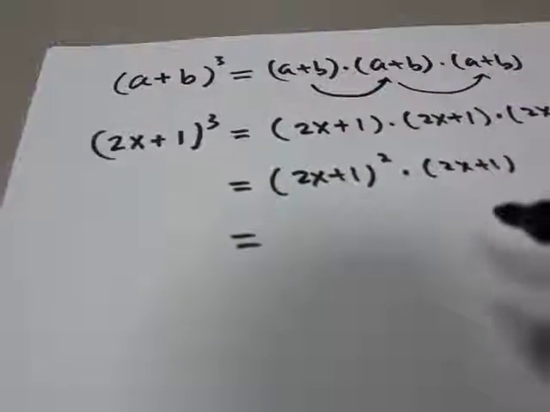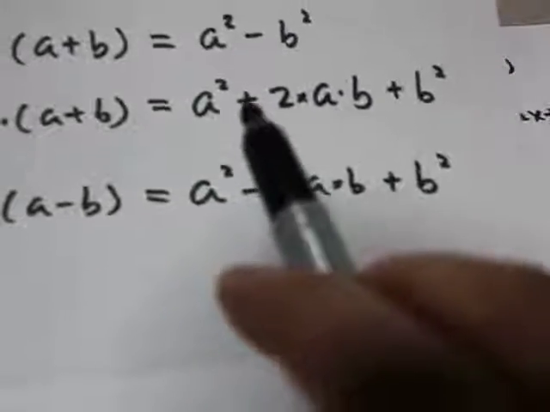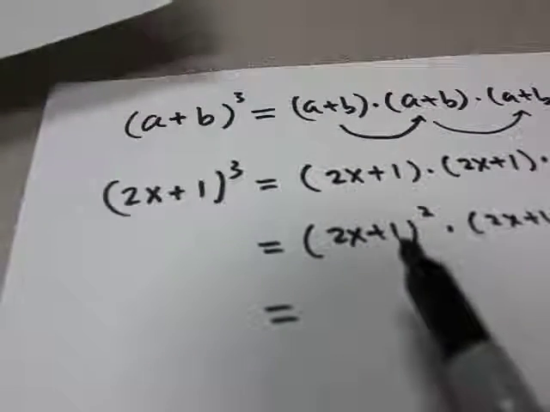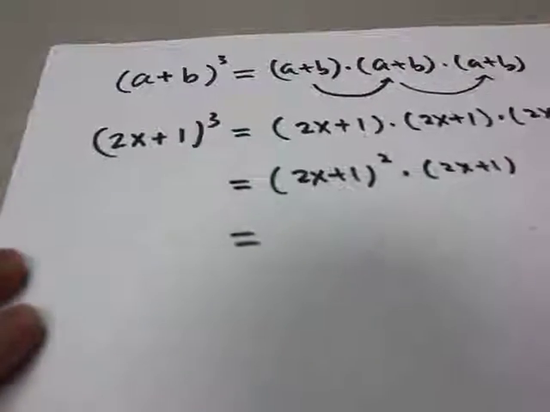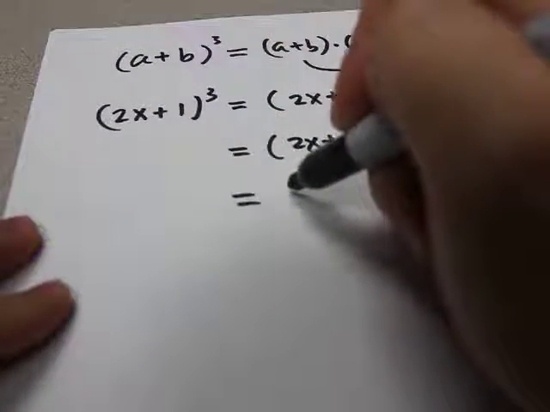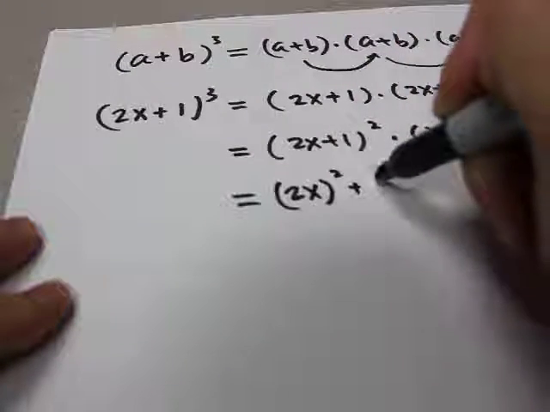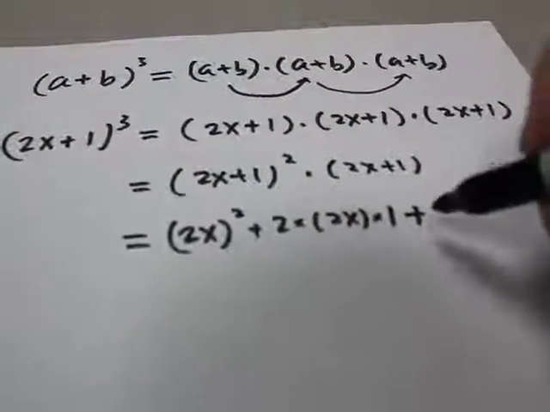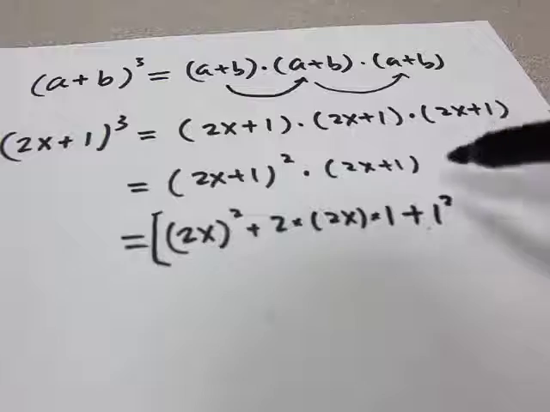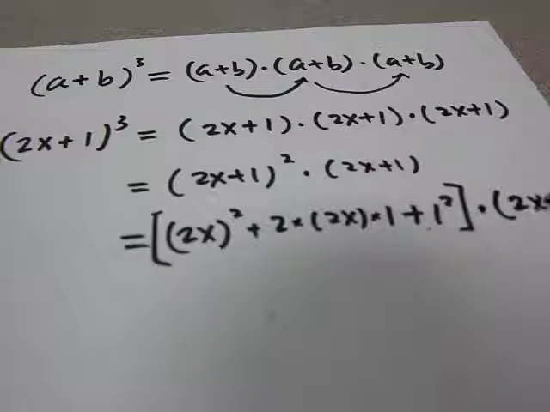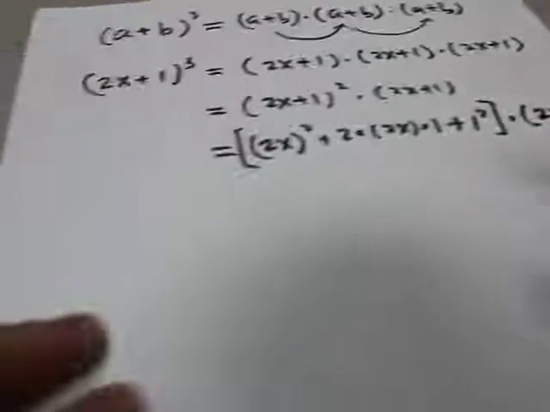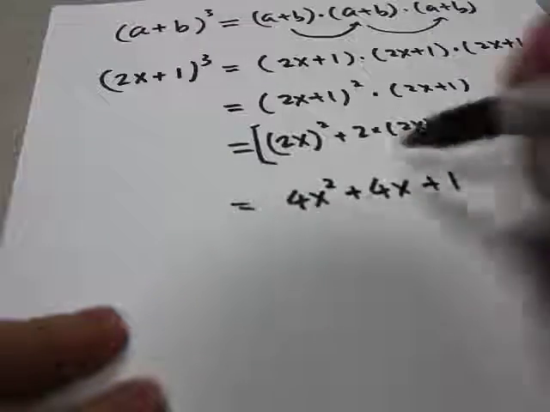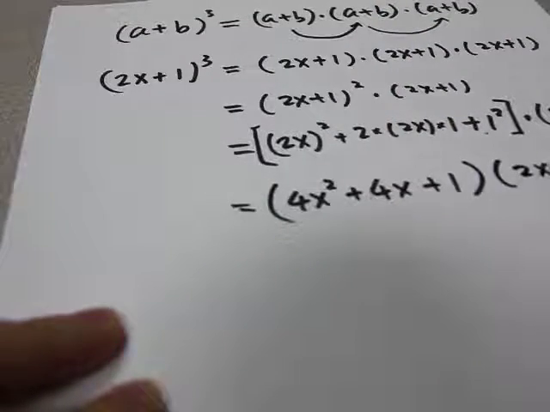If I use the pattern a squared plus 2ab plus b squared, 2x is a and 1 is b, so 2x plus 1 squared is 2x squared plus 2 times 2x times 1 plus 1 squared, multiplied by 2x plus 1. So now I have 4x squared plus 4x plus 1 multiplied by 2x plus 1.